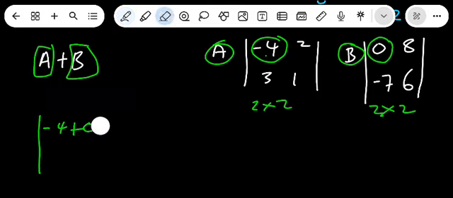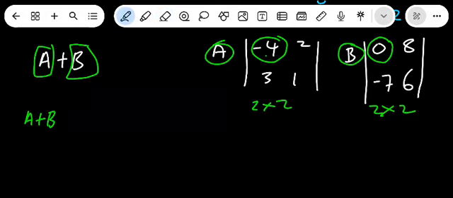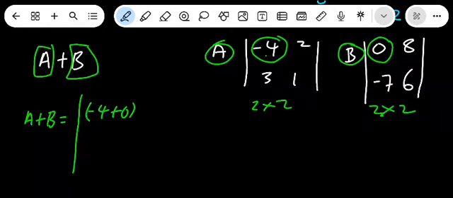So A plus B will be equal to minus 4 plus 0.